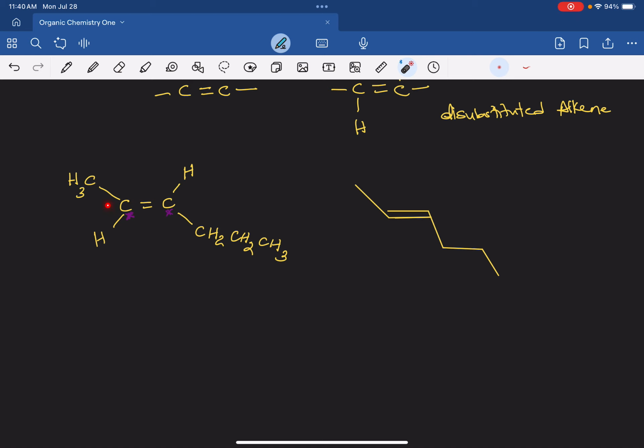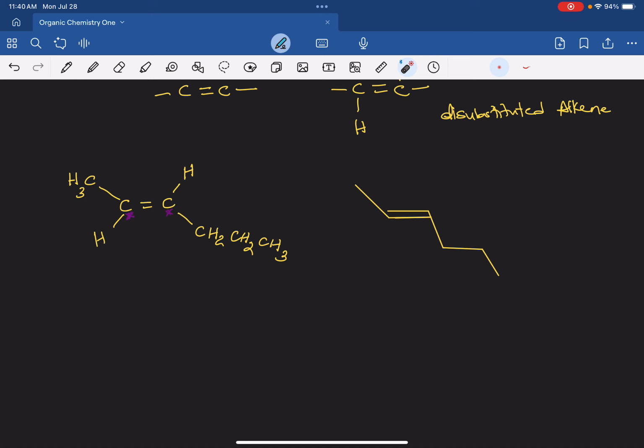Notice I didn't worry about what is double bonded. We're only looking at what's singly bonded. Singly bonded, I have only one hydrogen, right? Over this carbon, the other carbon of the carbon-carbon double bond, I only have one hydrogen. This is a CH3. We're looking at what is singly bonded, not the double bond portion. Okay, so this is a disubstituted alkene.